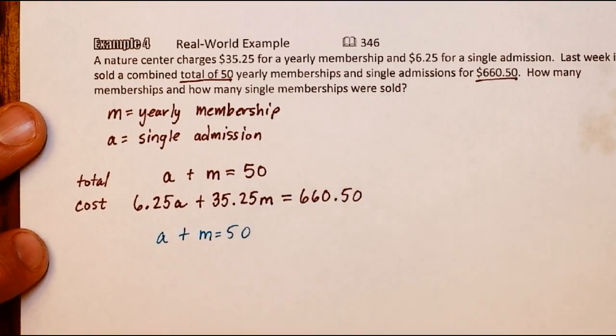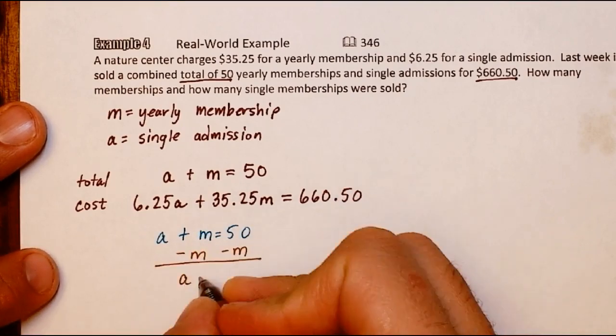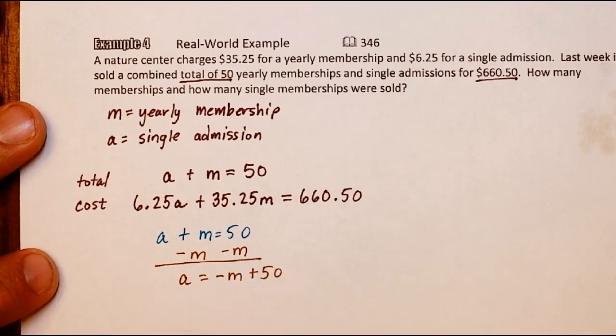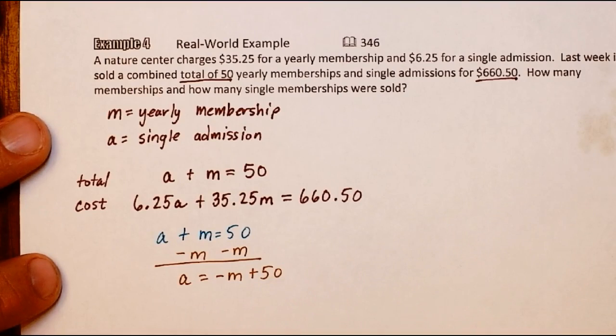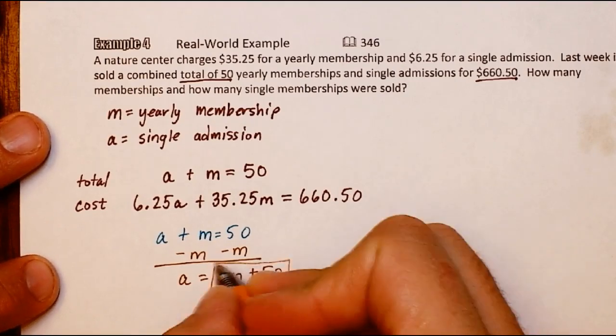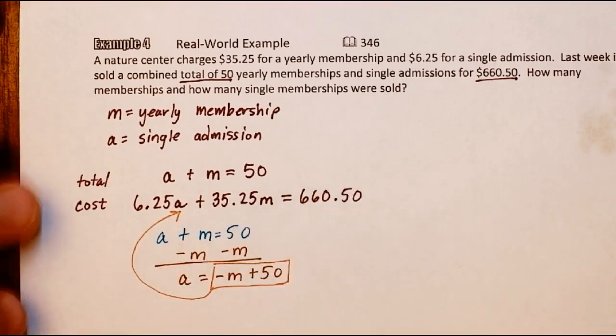I'm going to subtract M from both sides. So A equals negative M plus 50. And now I'm going to take this negative M plus 50 and substitute it into the bottom equation for A.